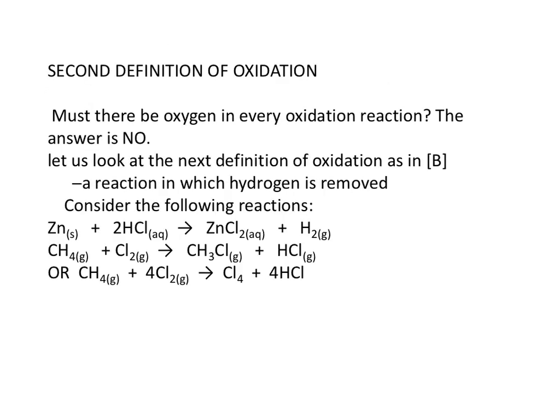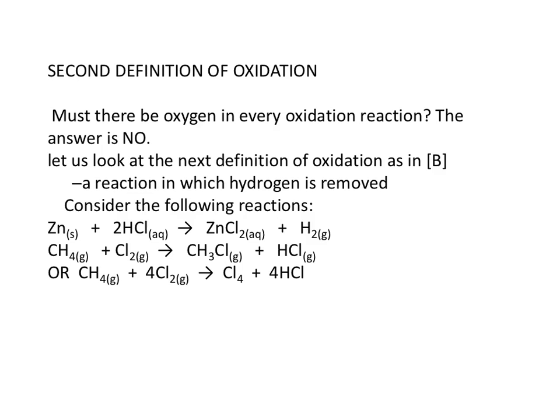Second definition of oxidation. Since there mustn't be oxygen in the definition of oxidation, let us look at the next definition. Oxidation is a reaction in which hydrogen is removed. Consider the following reactions. Zn, that's zinc, plus 2HCl will give you ZnCl2 plus H2.